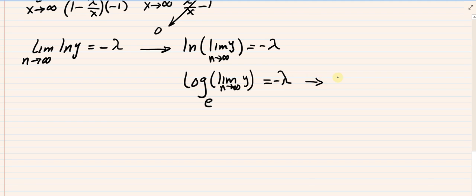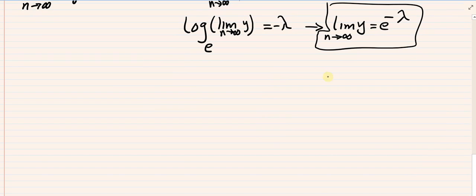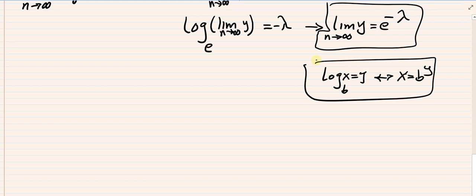And by definition of logarithms, the limit as n goes to infinity of y is e to negative lambda. Here I just use a simple conversion from logs to exponents. Remember, if you have log base b of x equal to y, that means x is equal to b to the y. So that's the kind of work that I employed here.